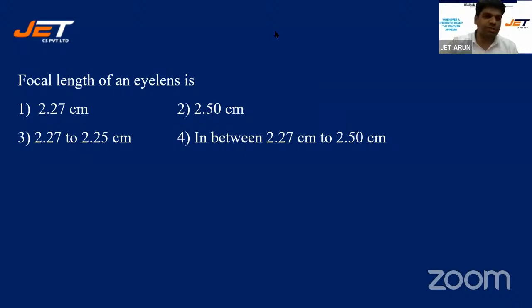Focal length of the eye lens, there is no sharp value, students. 2.5 centimeters, it's a range. Is it between 2.27 to 2.25 or 2.27 to 2.5? Now that's the question. If there is a confusion, it has to be between 3 and 4. కానీ ఇది మనం చూసాము థియరీలో, స్టేట్మెంట్ చూసాము. I told you it's a very important statement.